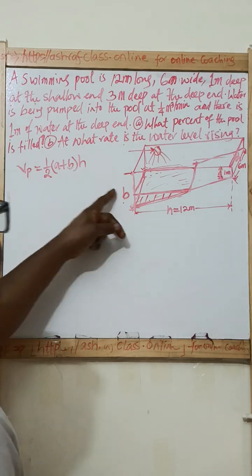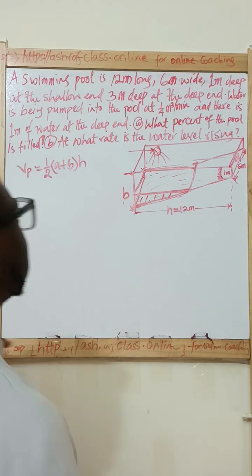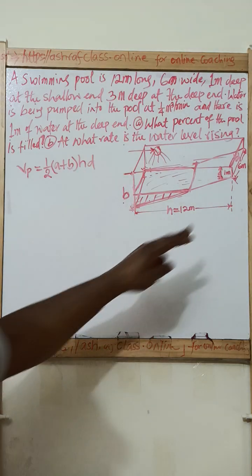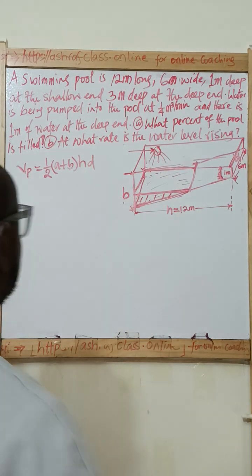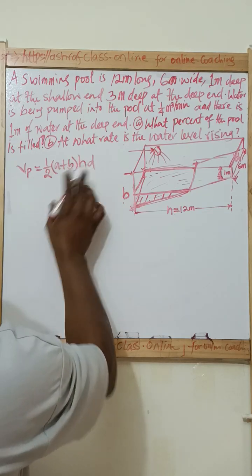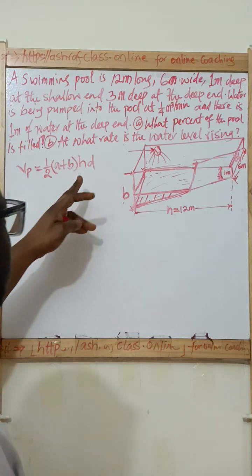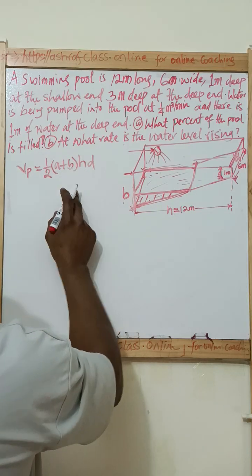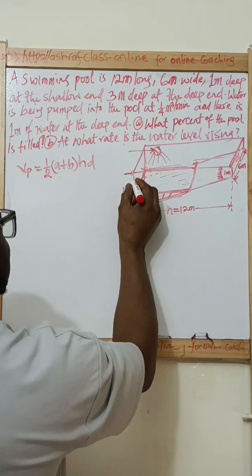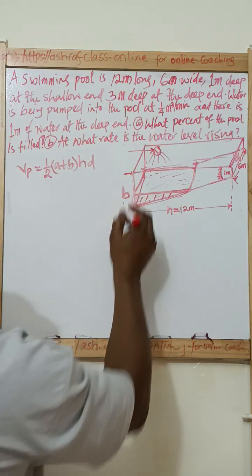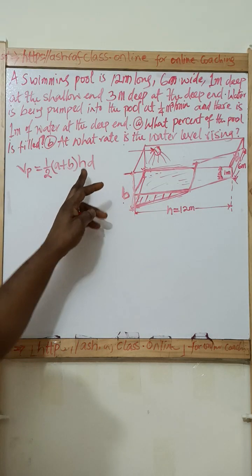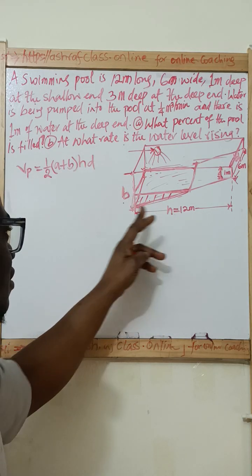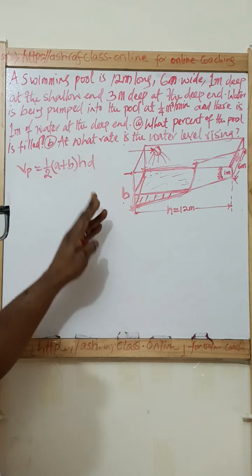Okay? Half A plus B times height. Then we call this one D, which is the depth, or the width. Okay, now as it is, the only variable in this particular equation, the one that will be rising, is this B, right? Others are constants. This H is constant from here to here, it does not change.